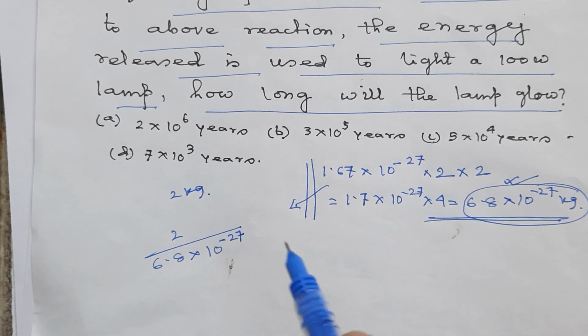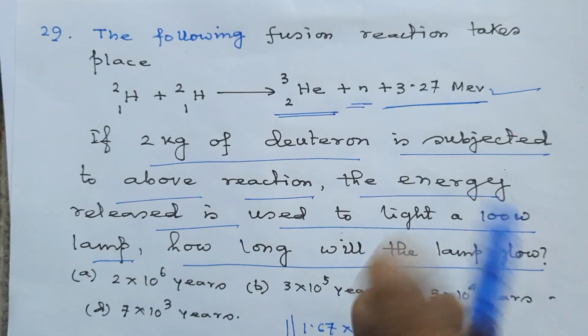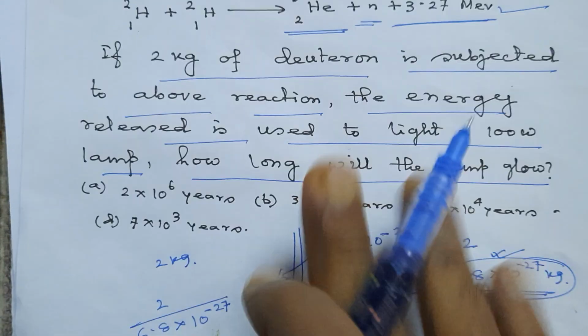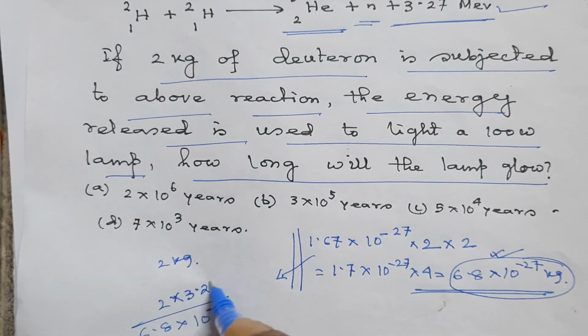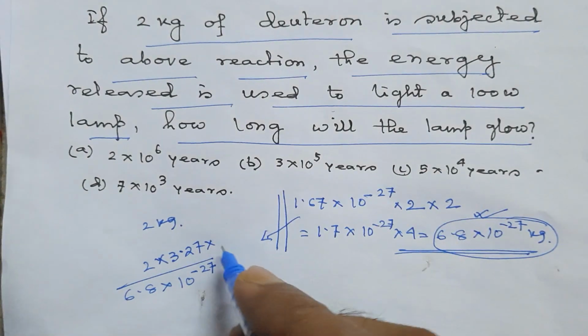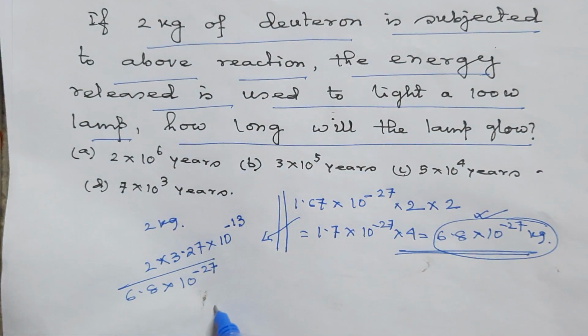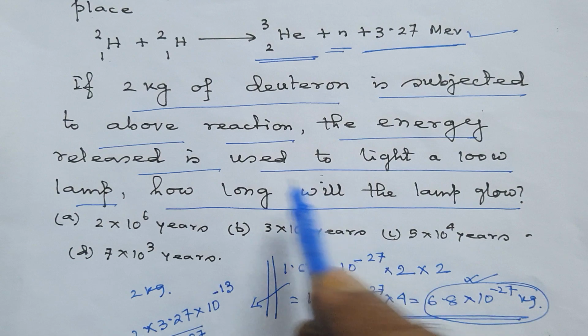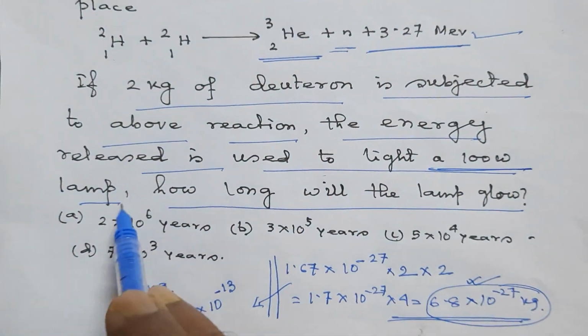And in each reaction, there is a liberation of nearly 3.27 MeV energy. So total energy emitted is 3.27 into 10 to the power minus 13 joule. And this energy released is used to light a 100-watt lamp.